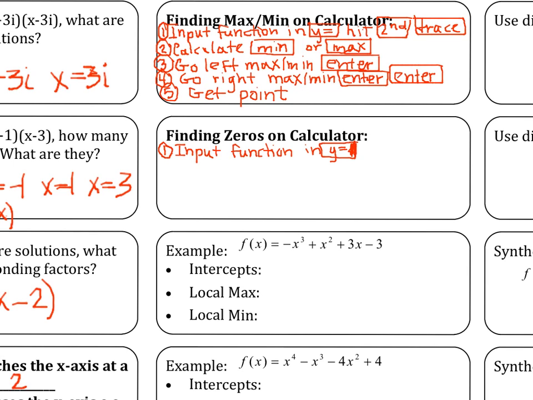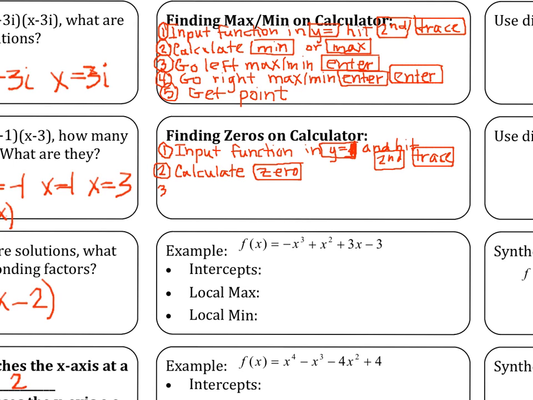So input into y equals, hit second and trace. So we're doing the same first step here. Okay, we're going to go to the exact same spot. Second thing we're going to do, we want to calculate. And here we want to calculate 0. So we're going to pick the number that gives us 0.